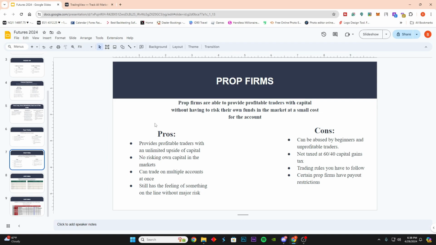The pros for prop firms is they're able to provide profitable traders with an unlimited upside of capital. There's no risking your own capital in the market. You can trade on multiple accounts at once, which, again, you can probably do with real brokerage accounts as well.